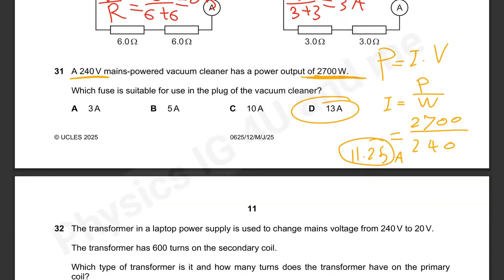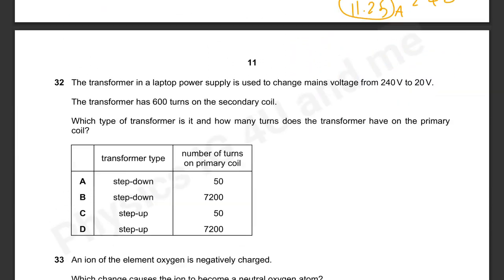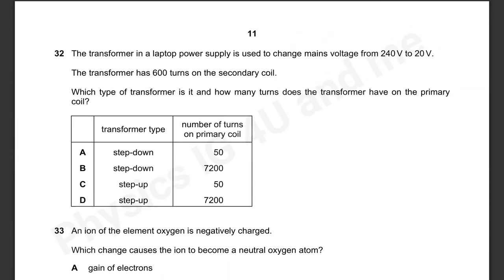Let's go to question 32. They say the transformer in a laptop power supply is used to change the mains voltage from 240 volt to 20 volt, which means this is V primary and this is V secondary. The transformer has 600 turns on the secondary coil, so this is NS.